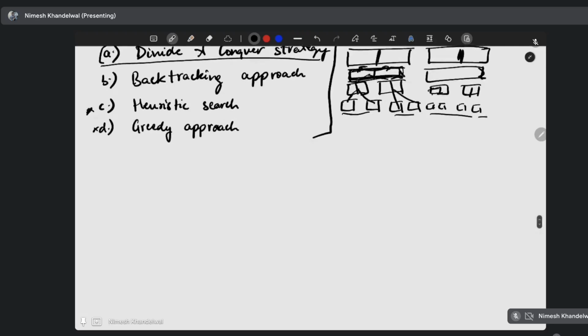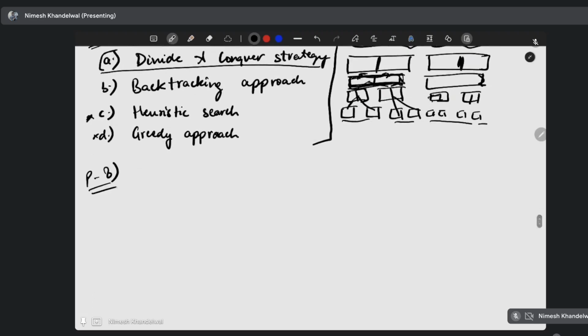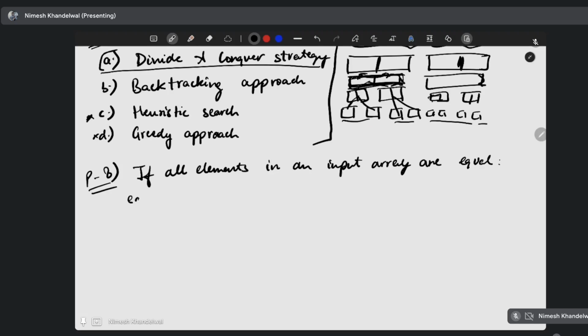So let's take another problem. If all elements in an input array are equal, let's say for example this, right?